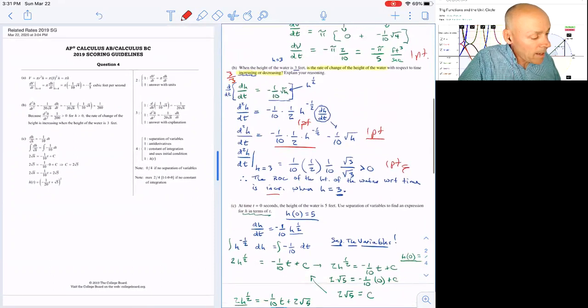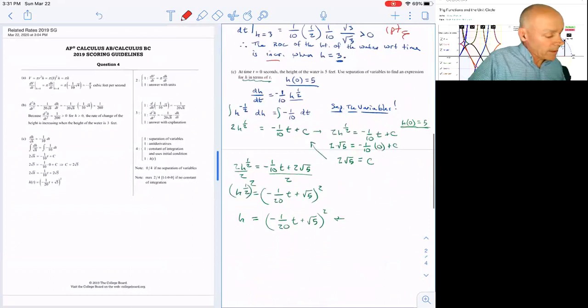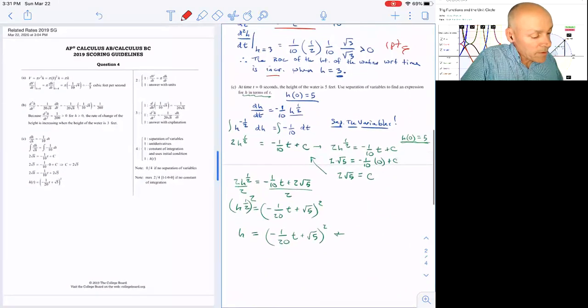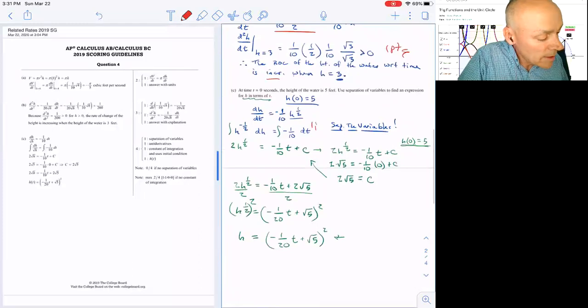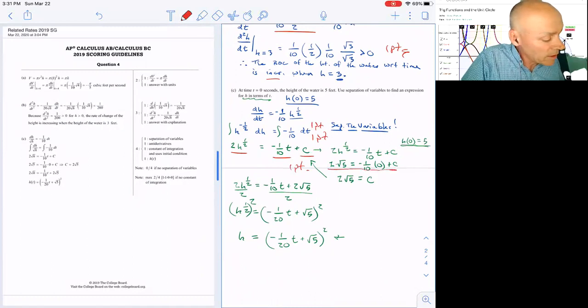And last but not least, on part C, we're going to get 1 point for the separation of variables. 1 point for the correct antiderivatives here and here. 1 point for the constant of integration, and 1 point for plugging in the initial condition.